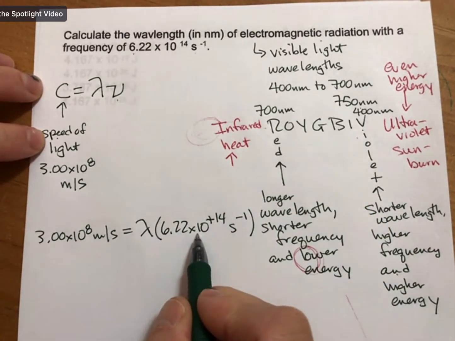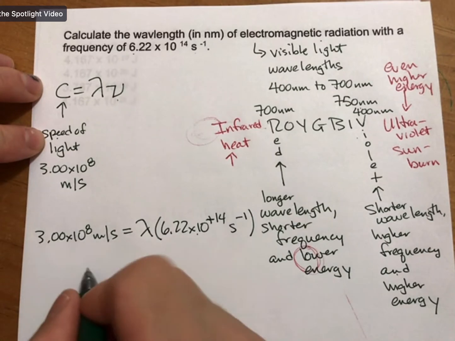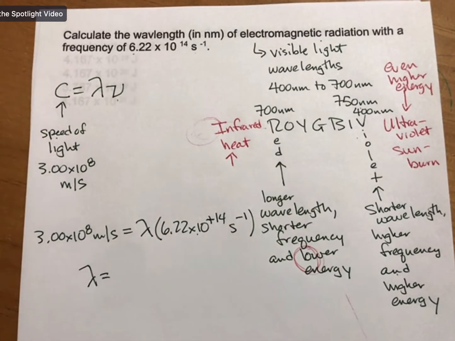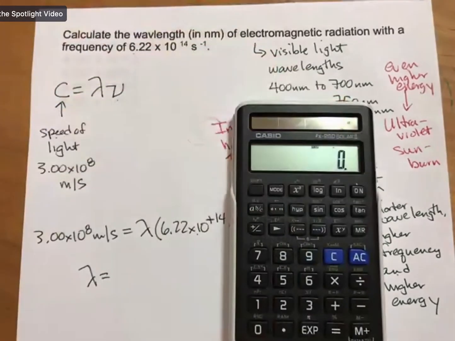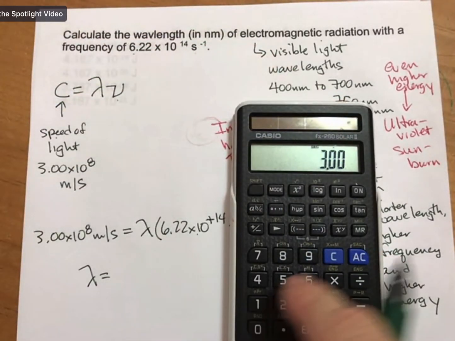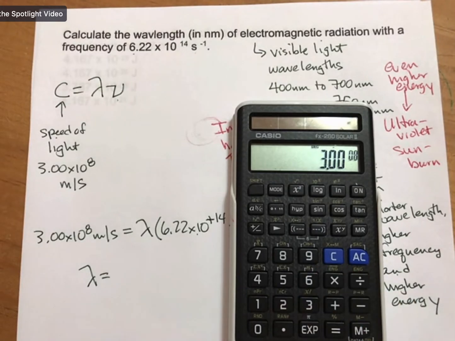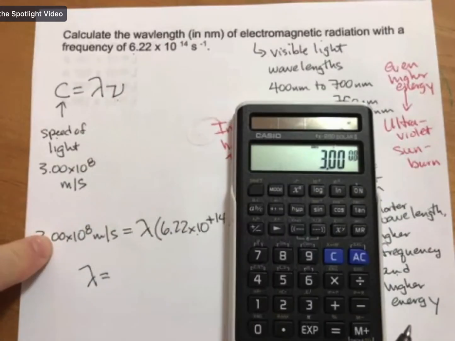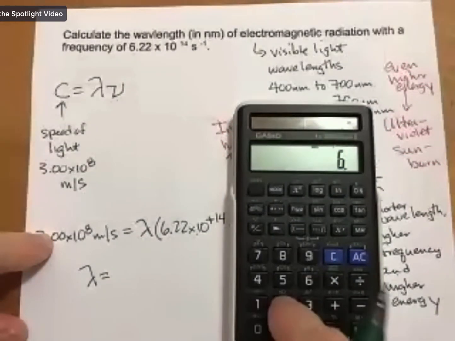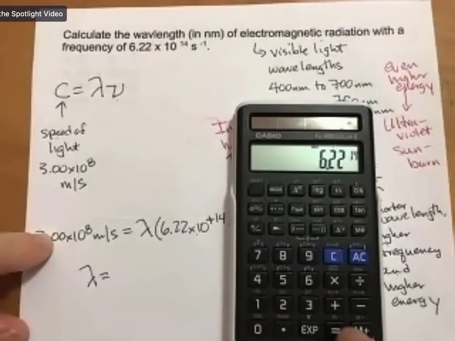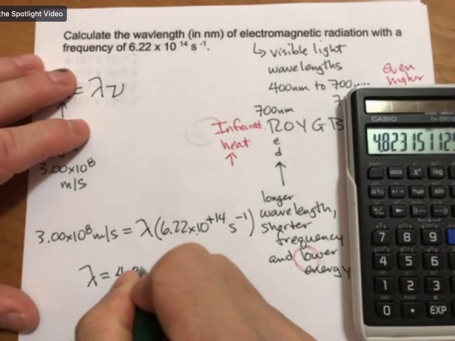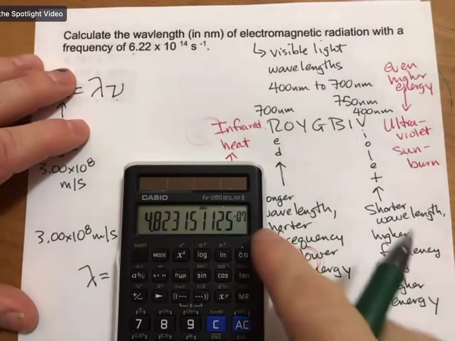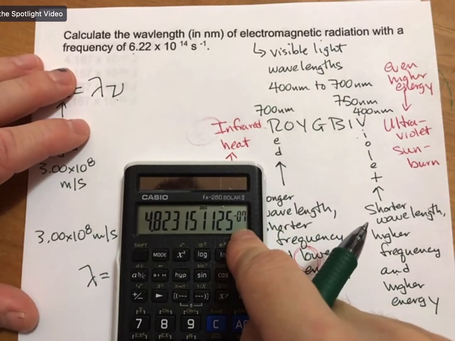Then I can bring this over to the other side. I get that my wavelength is going to be 3.00 times 10 to the 8th divided by 6.22 times 10 to the 14th. And I get 4.82 times 10 to the minus 7th.